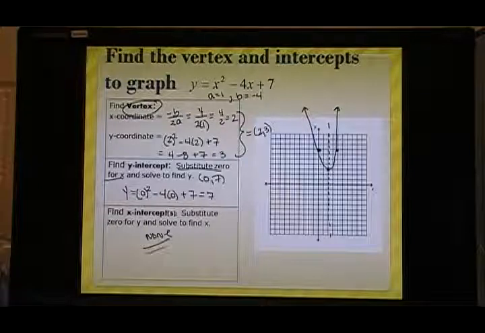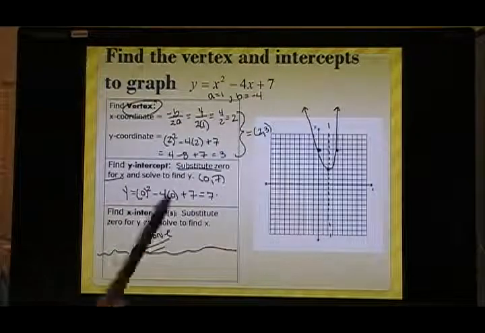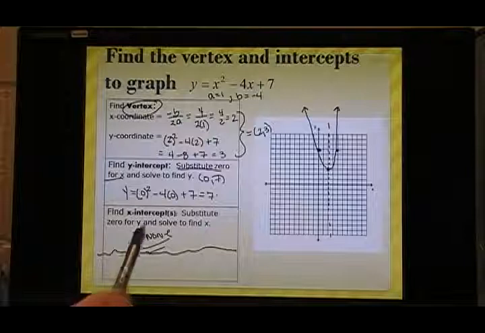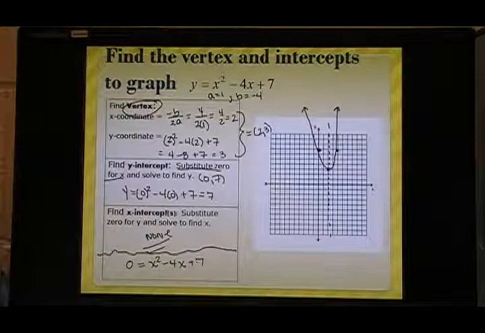Okay? If you were to start doing the algebra to figure out the x-intercepts, so let's say you didn't have the graph in front of you and you were just working through the algebra trying to find x-intercepts, you would still substitute 0 for y and solve to find the corresponding x. So in this case, if we put 0 in for y, we have 0 equals x squared minus 4x plus 7.